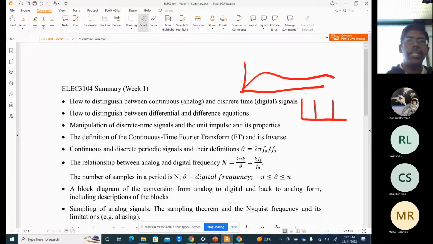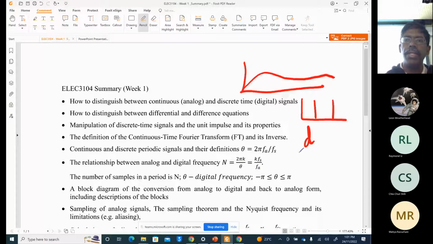And how to distinguish between differential equations and difference equations. A differential equation has derivatives, and a difference equation has differences.